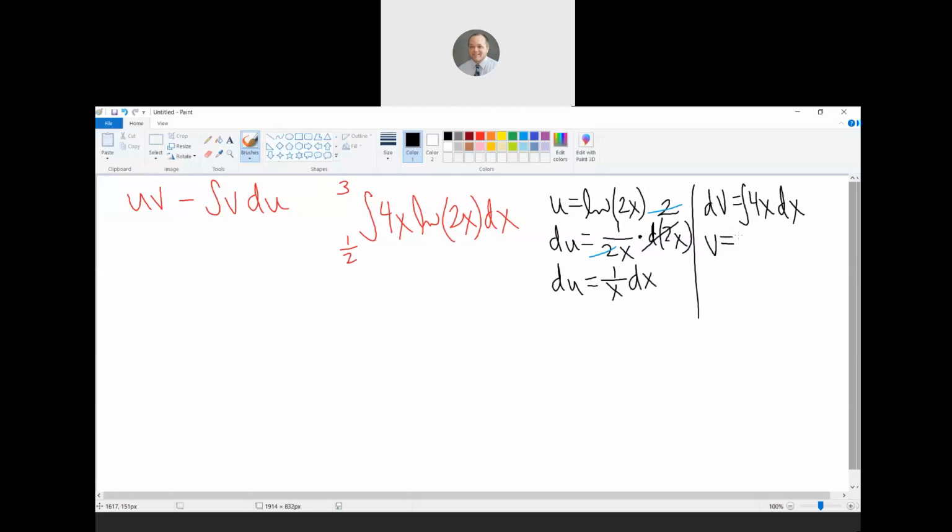We add 1 to the original exponent, so that would be x squared over 2. And the 2 can go into 4 2 times. So v is equal to 2x squared. Now let's plug everything into our parts formula.